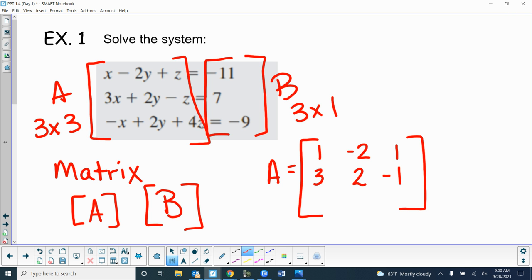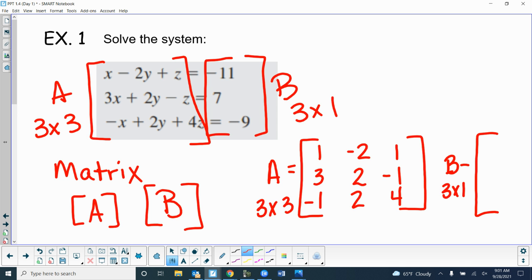What's the bottom row going to be? -1, 2, 4. Again, it's a 3 by 3, our A matrix. Our B matrix is a 3 row, 1 column, and it's just those numbers, -11, 7, and -9.